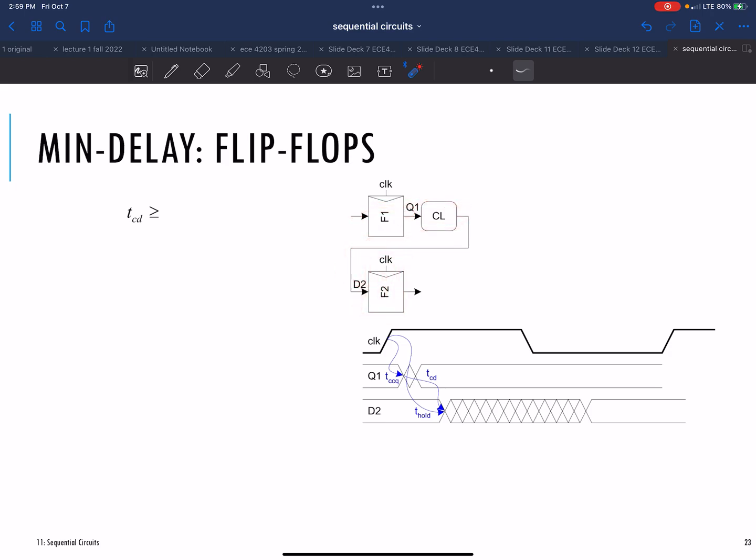Remember, you do not want anything changing for a certain amount of time after the clock edge arrives. That's the hold time.